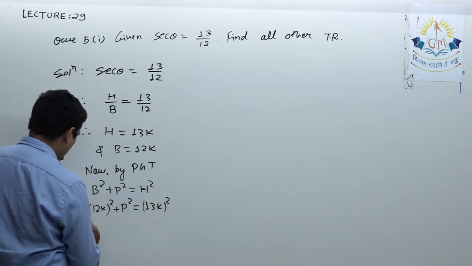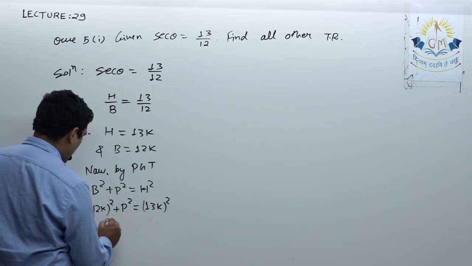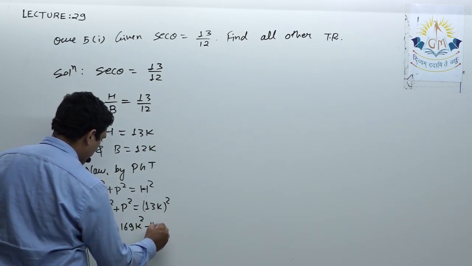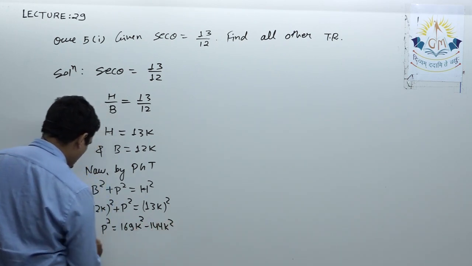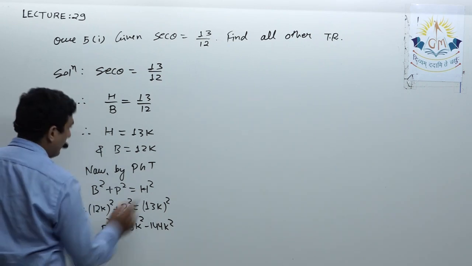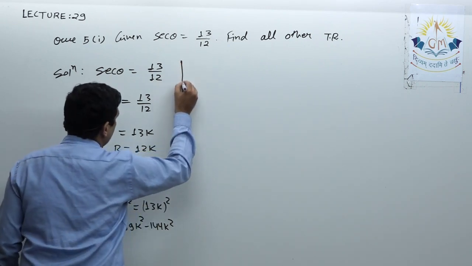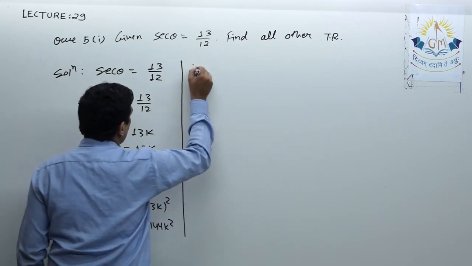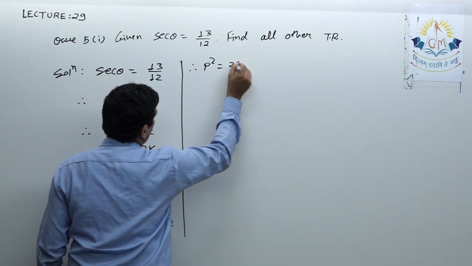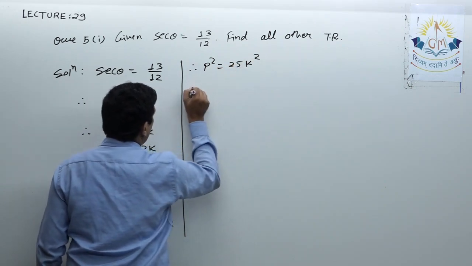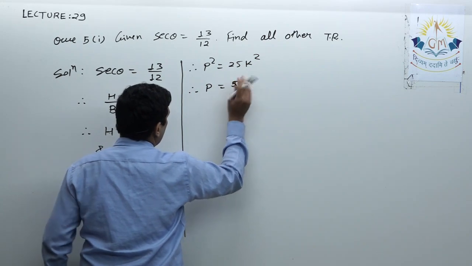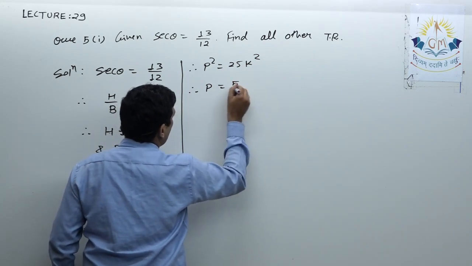So further p square is equal to 169k square minus 144k square. So ultimately p square is equal to 25k square, and hence p is equal to 5k. So here we obtain the value of the perpendicular.